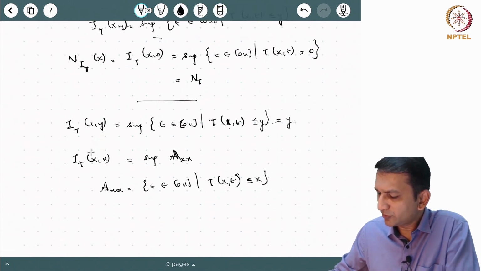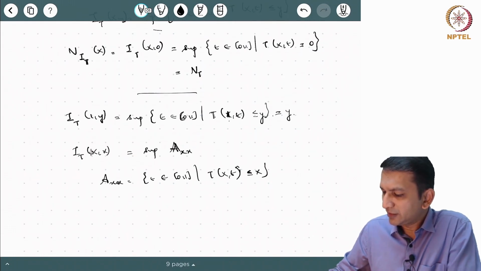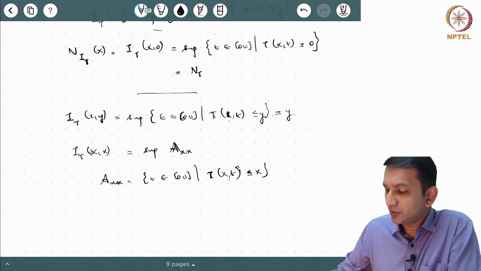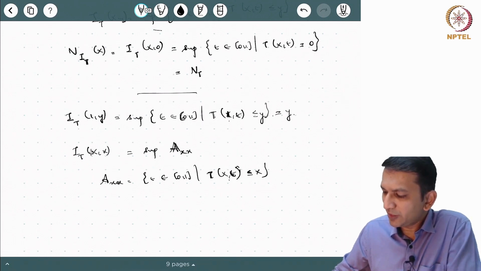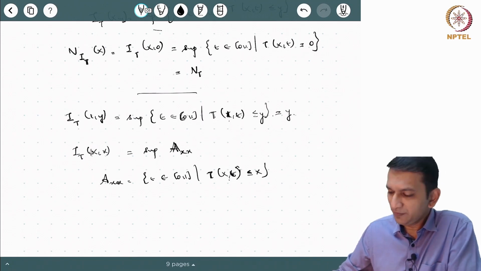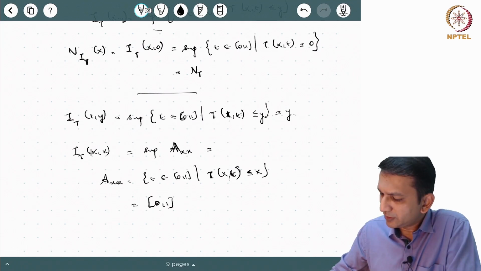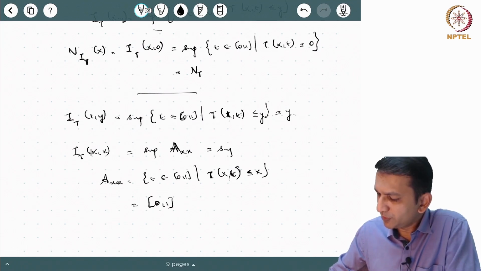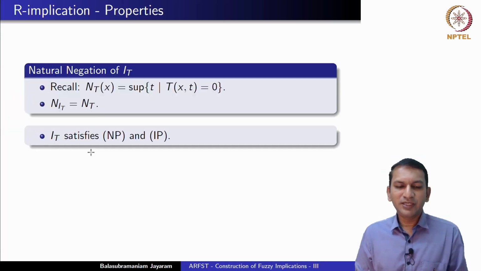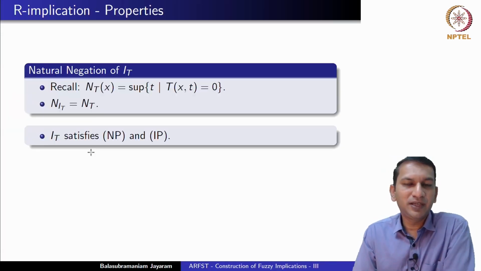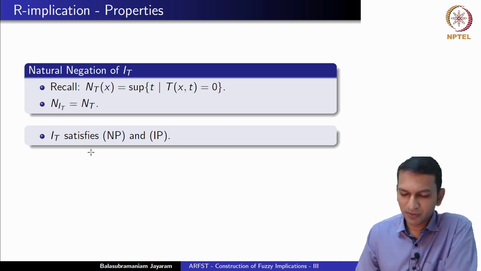Once again, making use of the fact that 1 is the neutral element of a T norm, we have seen earlier too that the maximum value that t can go up to is 1. So this is actually equal to [0,1], and when talking about the supremum, it is the supremum of [0,1], and it is equal to 1. From these two, it is very clear that any R implication satisfies both the neutrality property and the identity principle.